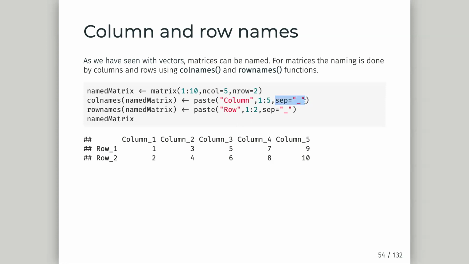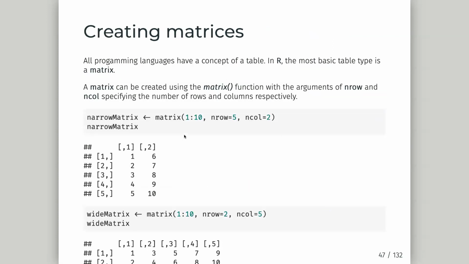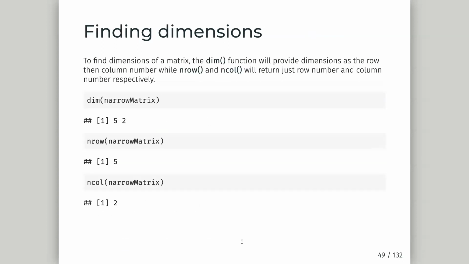It could be a star, a space, another letter. But it's going to create a vector of length 5: column_1, column_2, column_3, column_4, column_5. I then use that to assign onto my column names and my row names. So now I have my named matrix, which looks a little different from the matrices we were creating earlier on, which explicitly wrote out the index.